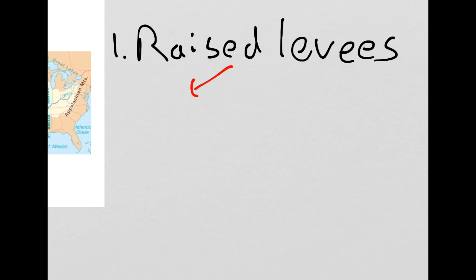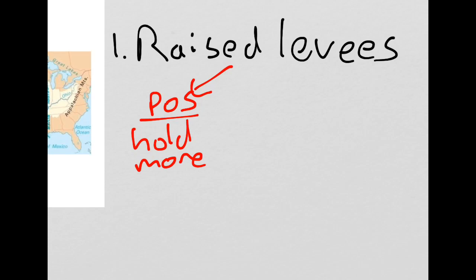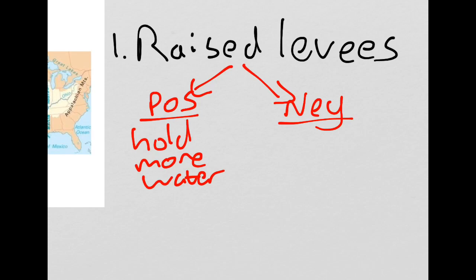The positive aspect of this is that it allows the river to hold more water. But the negative aspect is that if the levees break, then the subsequent flooding is much worse.